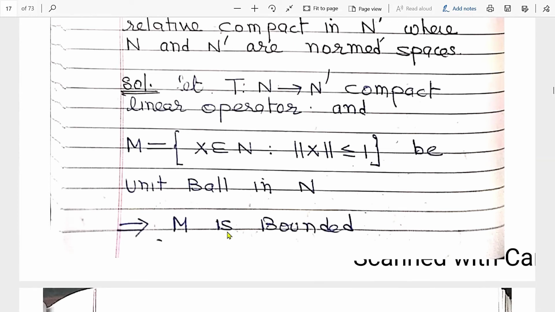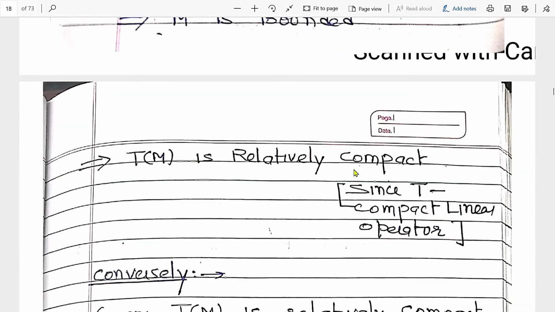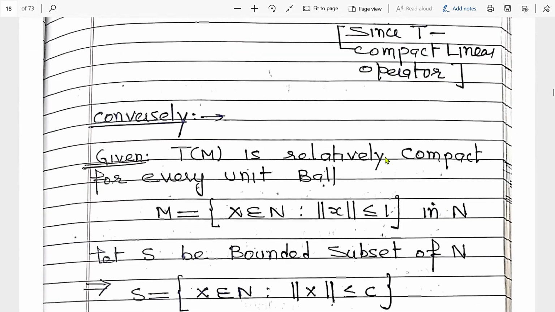So this is a unit ball in N. Clearly M is bounded. T is a compact operator and M is a bounded set in N, then its image in N dash is relatively compact. That is by the definition of a compact linear operator. So that is our first part. Now the second part.